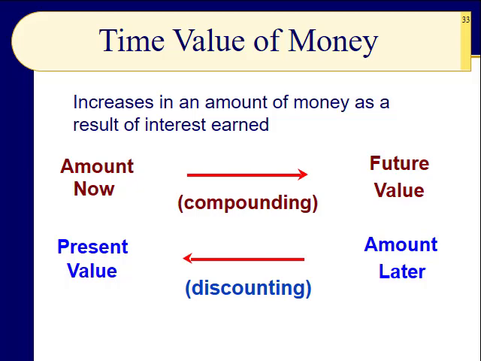But we, in this class, are going to work with future value. Present value is something we'll work with in Business 123, Introduction to Investments. But they're just basically two sides of the same coin. In math, we call it the inverse operation. We are going to take an amount now and compound it, that's the verb they use, compound it, into the future. In Business 123, we go the opposite way.